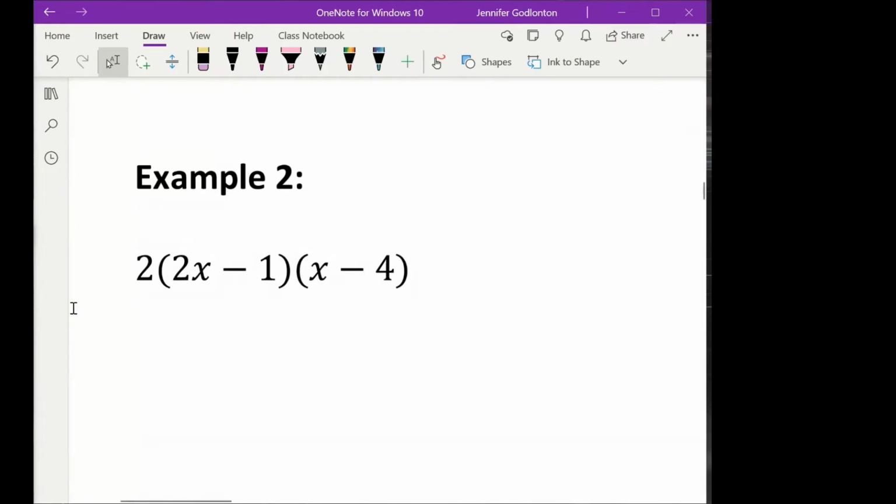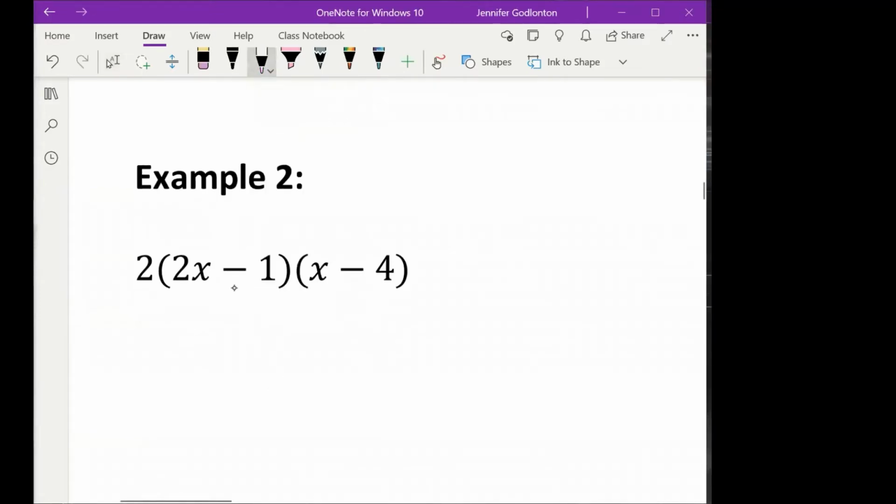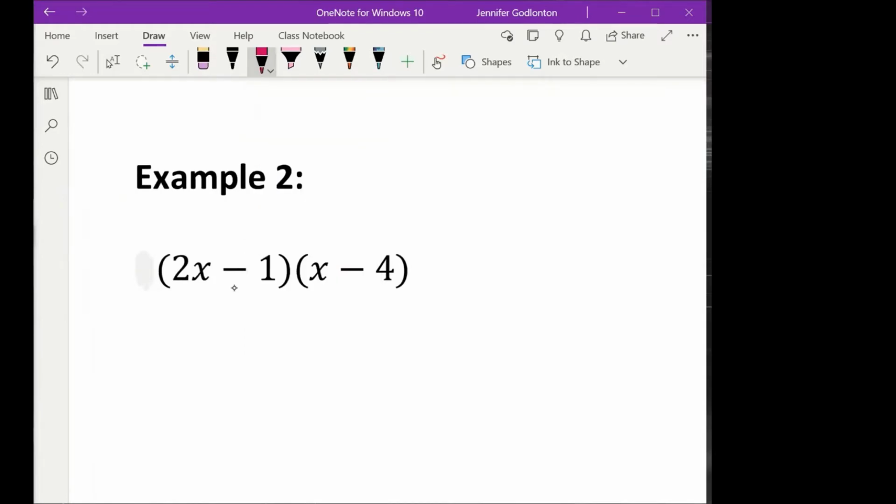Okay, so for this one, I'm going to make it a little bit nicer before we start bringing in a number. So let me just take him away for the moment. We're going to do exactly the same thing. We're going to take our 2x and multiply it by our x. And what is 2x times x?